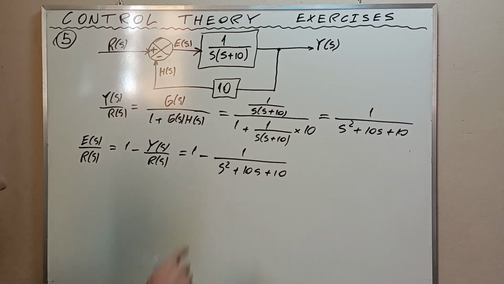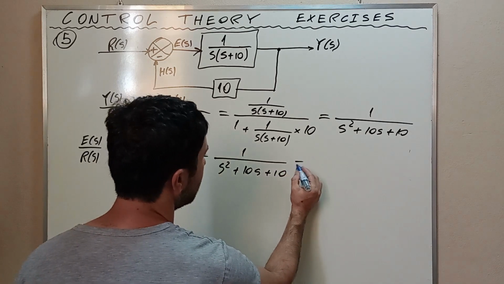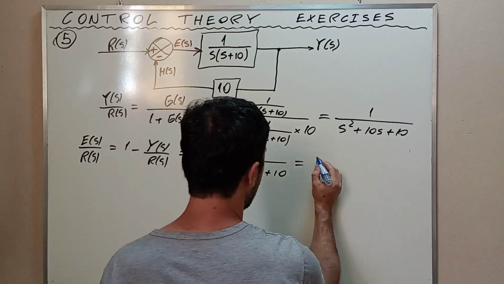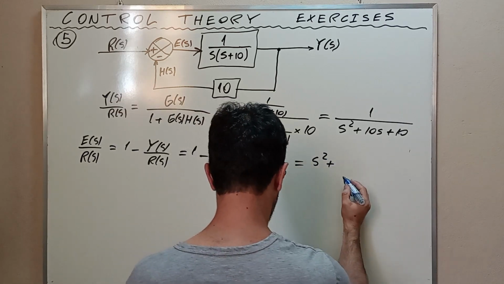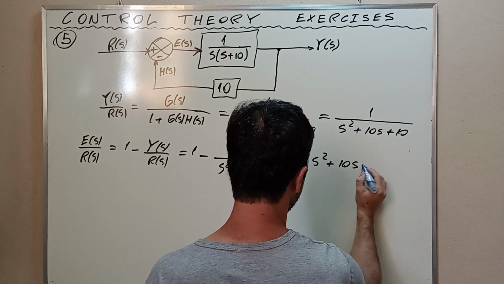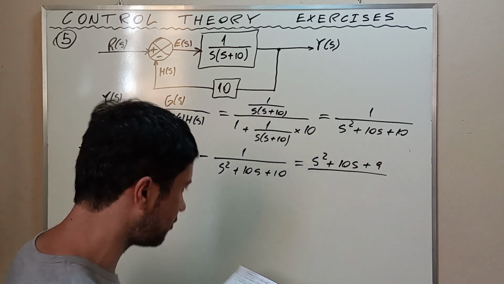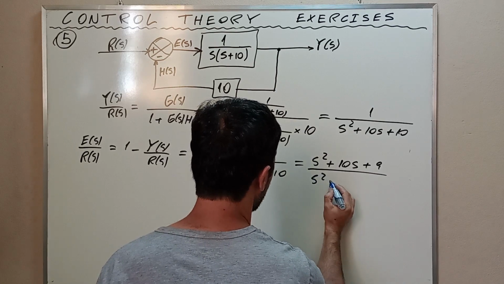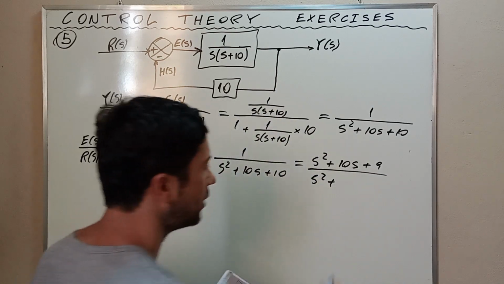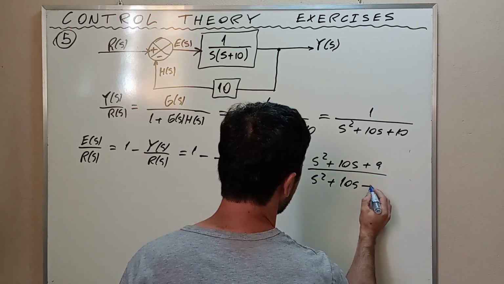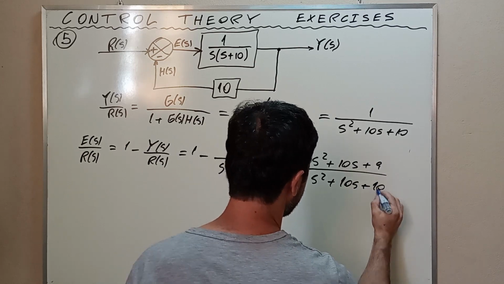And working on this, we find that it is s squared plus 10s plus 9 divided by s squared plus 10s plus 10.